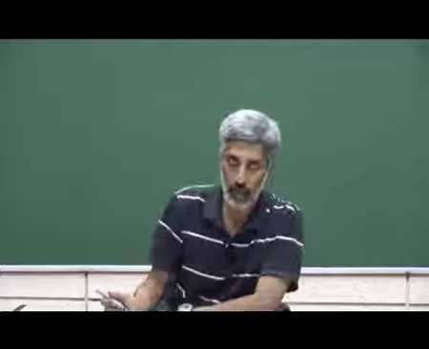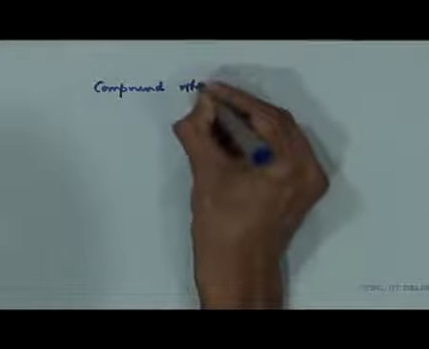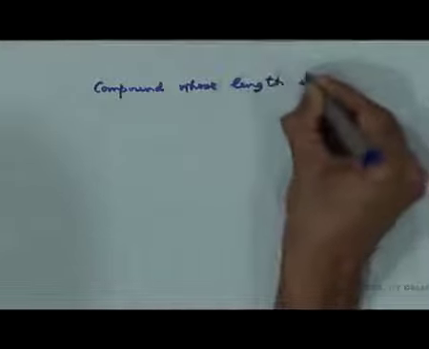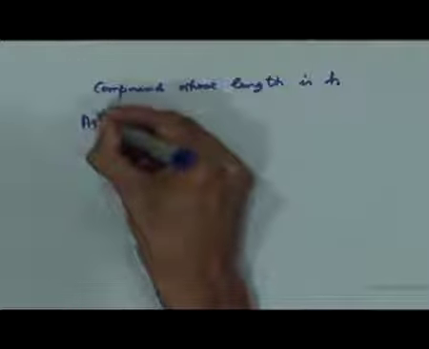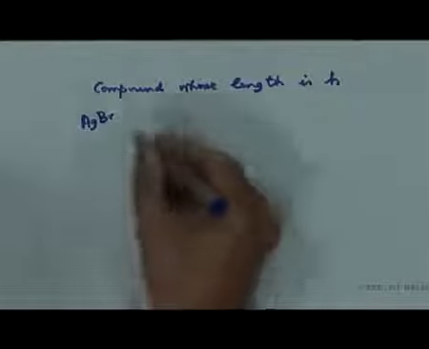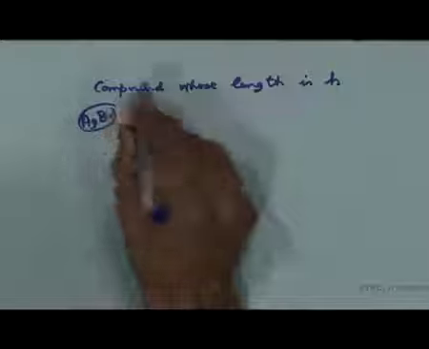Imagine that I have a compound whose length is h, any material, call it silver bromide, anything. I am saying this is its dimension. So, let us imagine that silver bromide is a cube.